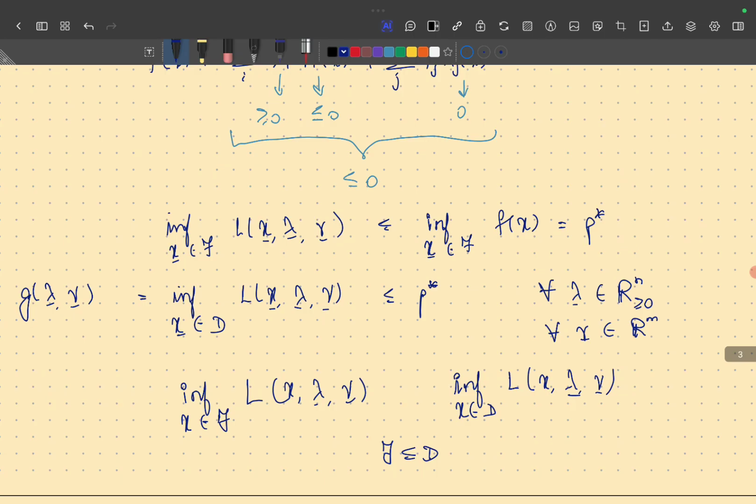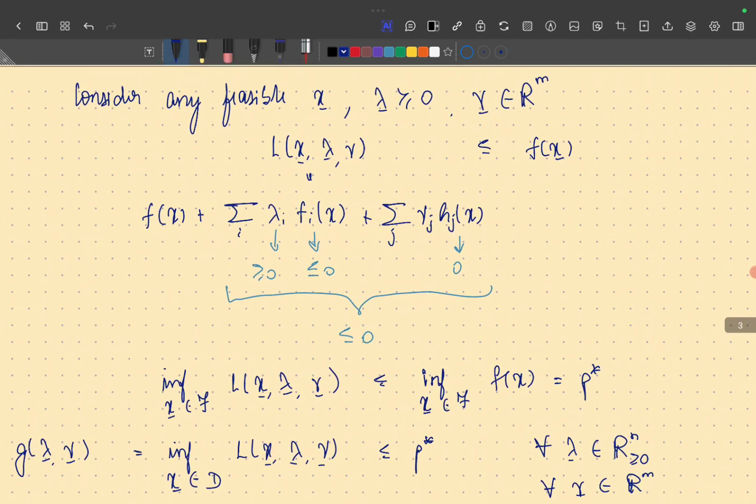Yeah? I don't know, because if the constraints are not satisfied, then those terms which you put as less than or equal to 0 might become greater than or equal to 0. Doesn't matter, right? I'm looking at the infimum. I'm not interested in any arbitrary x.